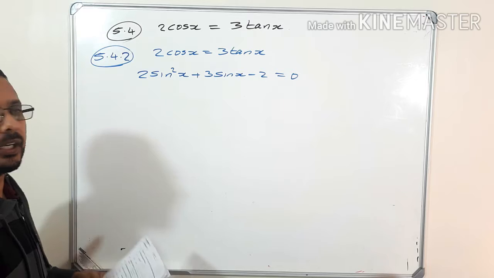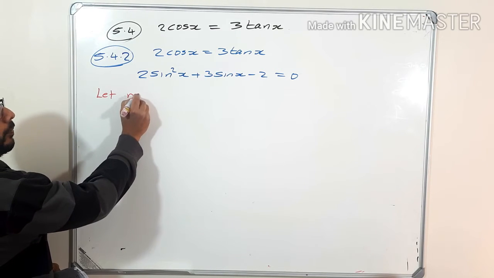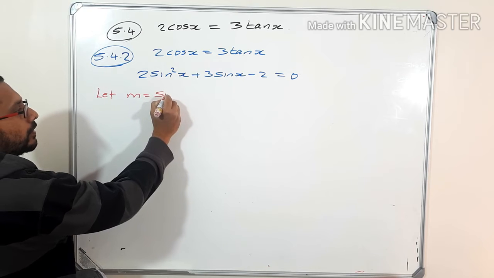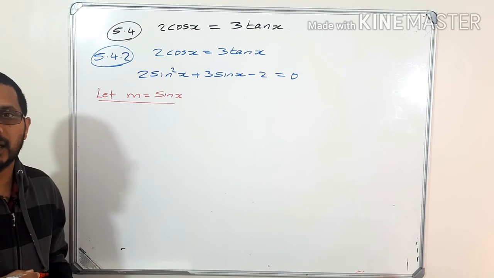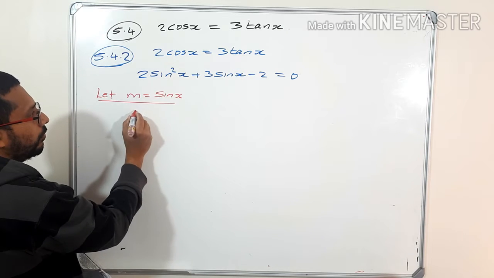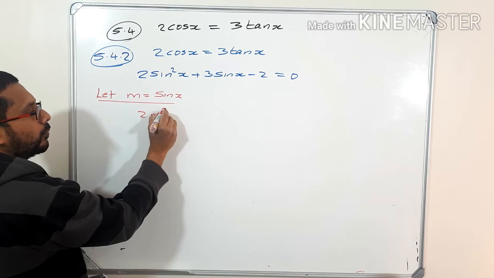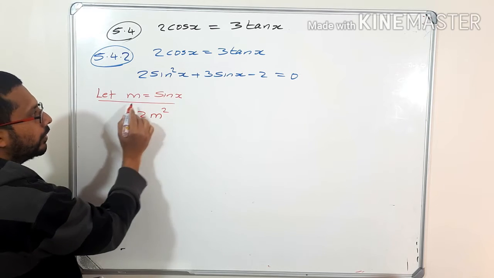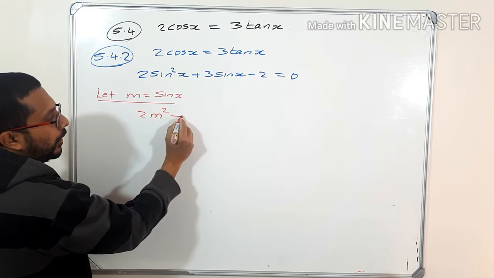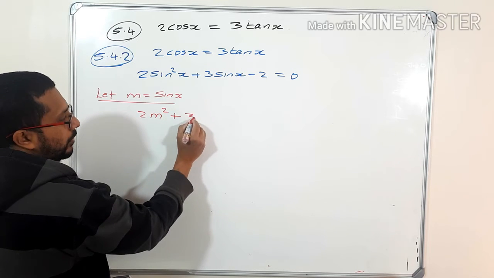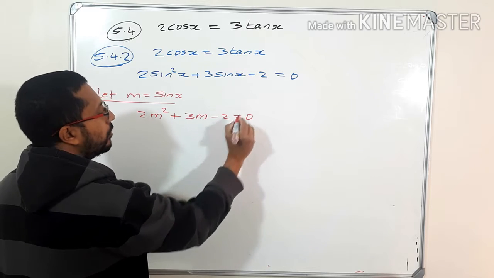Here I am going to call m as sin x. So what is this equation now? 2 sin squared x means 2m squared, because sin squared x means m squared, plus 3 sin x, that means 3m, minus 2 is equal to 0.